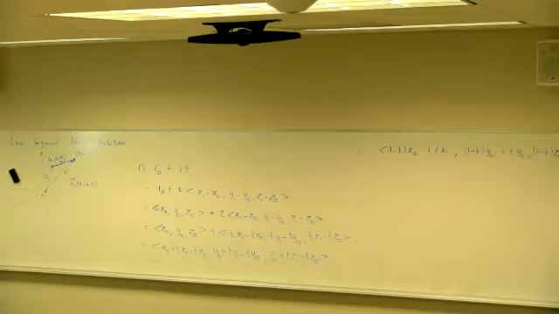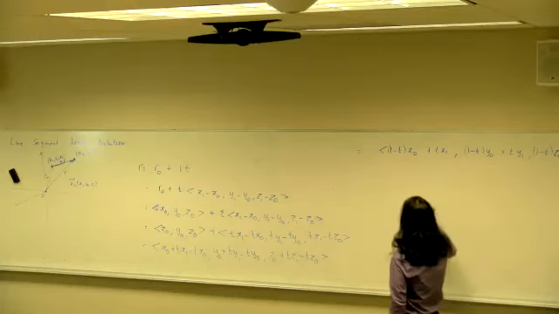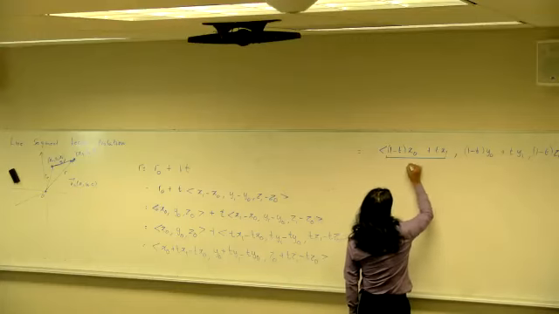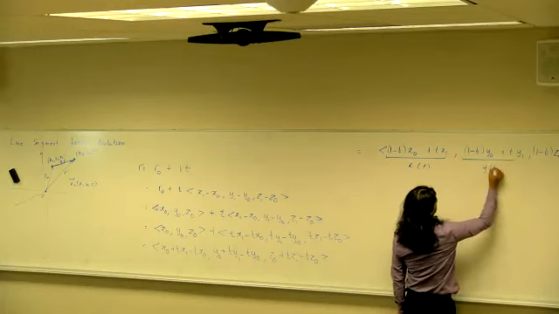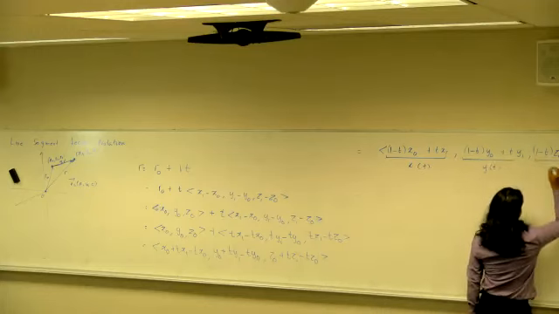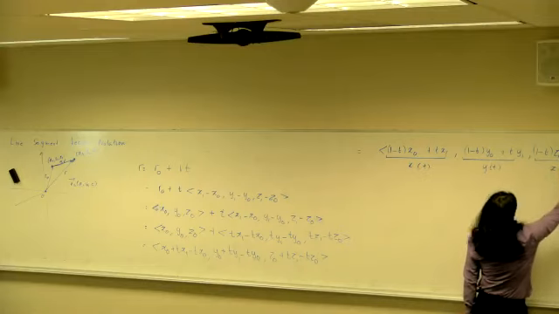Good. That would be the vector notation, the parametric form, etc. I can call this x of t, y of t, z of t.